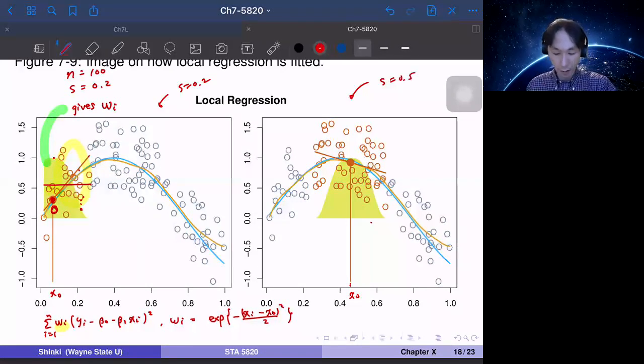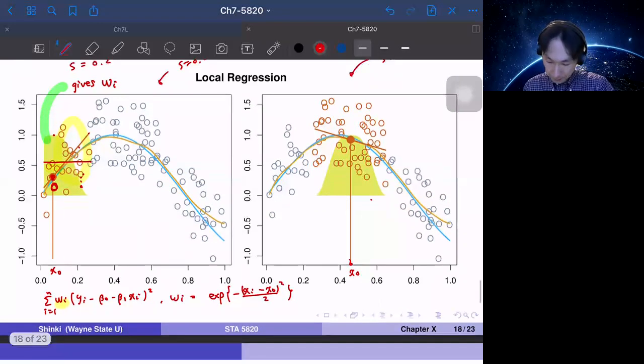So these are different estimations. The data look the same, but these are two different estimations. In the right pane, we set x naught here and choose the 50% of observations. Then we fit the straight line here. We have a slightly negative slope, and the fitted value is this orange circle.